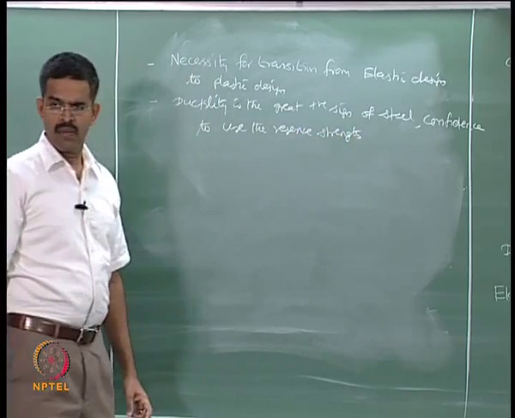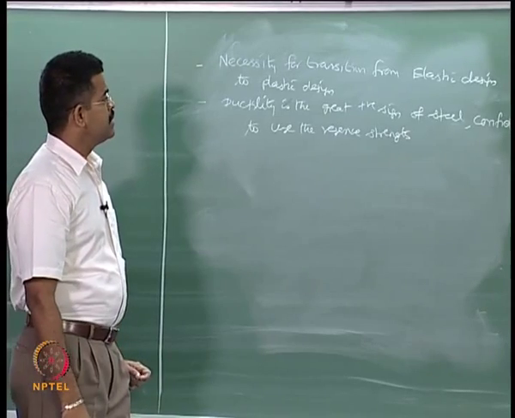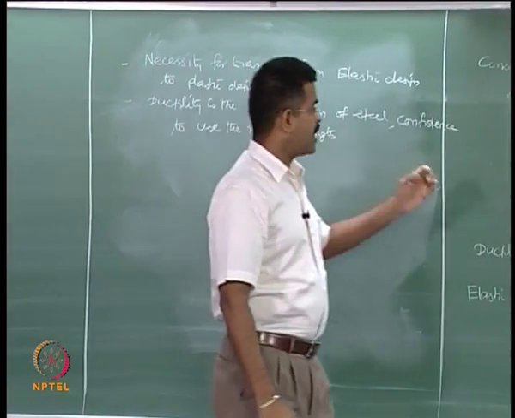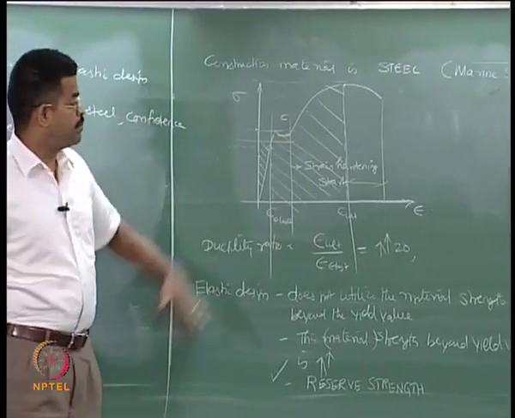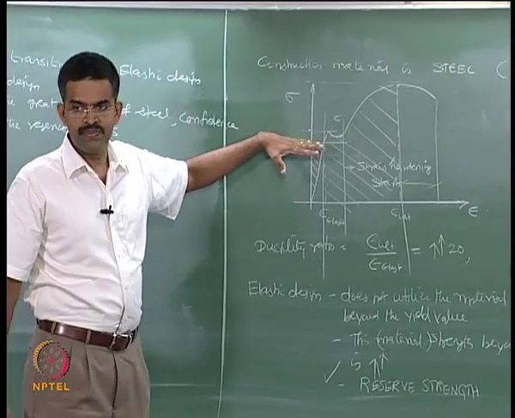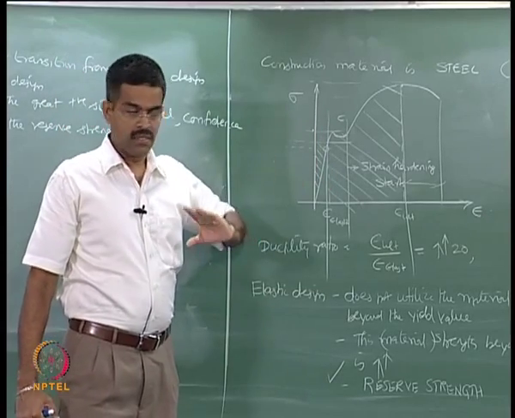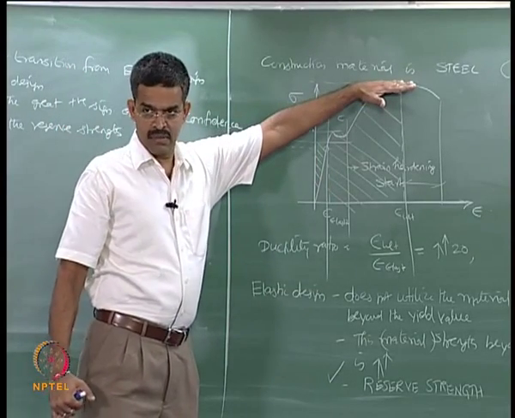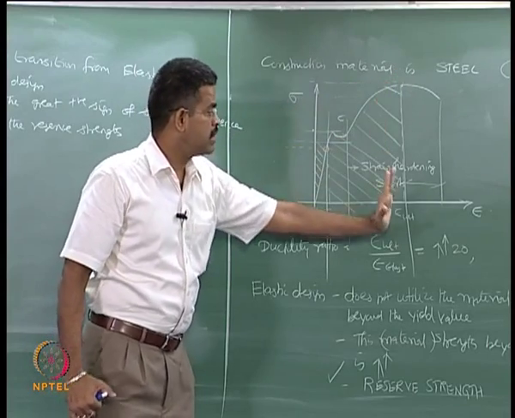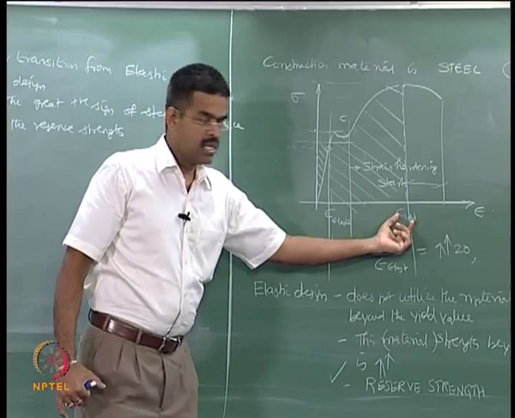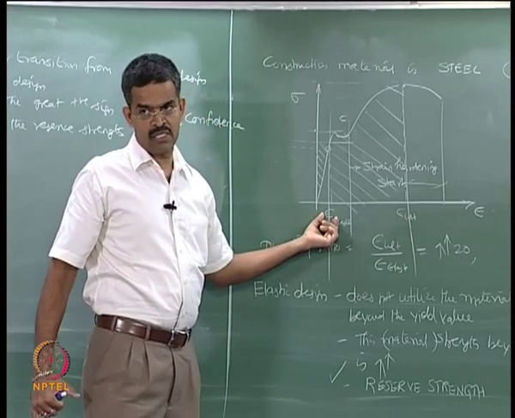What does it mean? It means that if I am stretching the material, if I am loading the member beyond the first yield value, it is a guarantee that the material will not fail until it reaches a specific strain value, which is nothing but a multiplier of the elastic strain value.